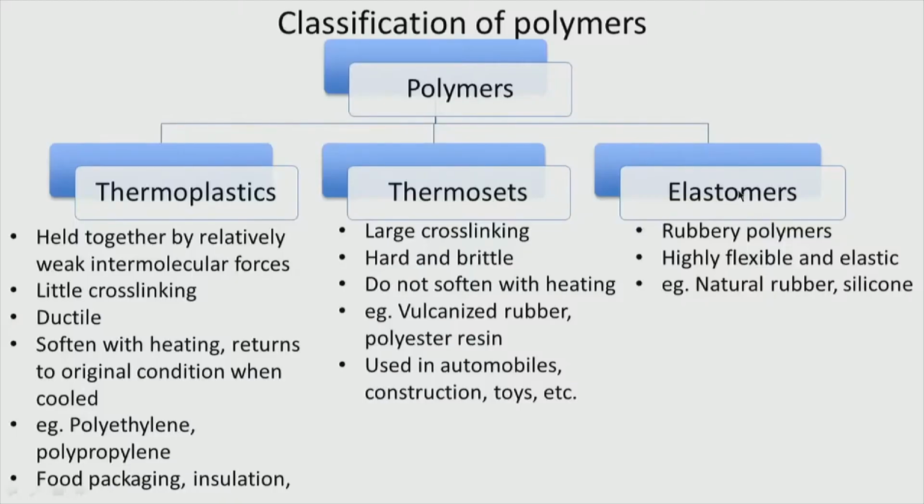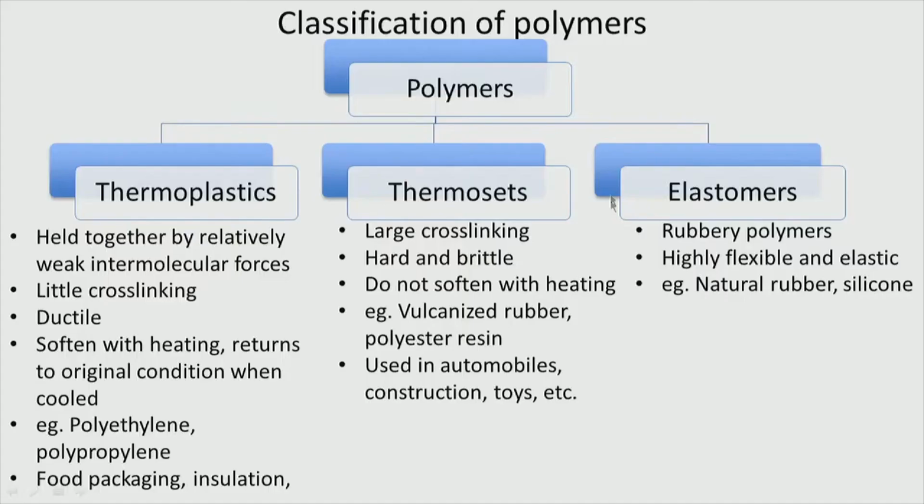Then you have elastomers, these are rubbery polymers. Elastomers are like rubber, they are highly flexible, elastic, like your silicone. Silicone has a lot of applications historically in the area of biomaterials because it is very rubbery and flexible: silicone tubes, urethral tubes, breast implants and so on, quite a lot of applications.